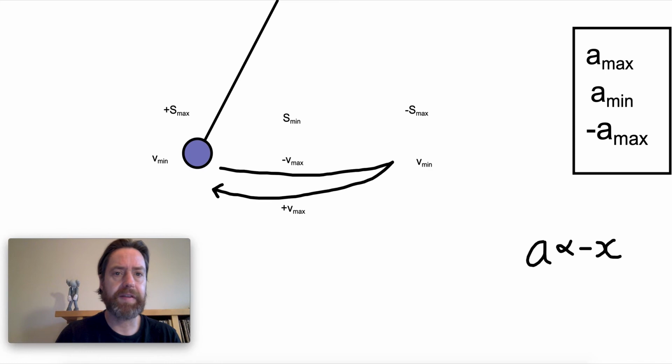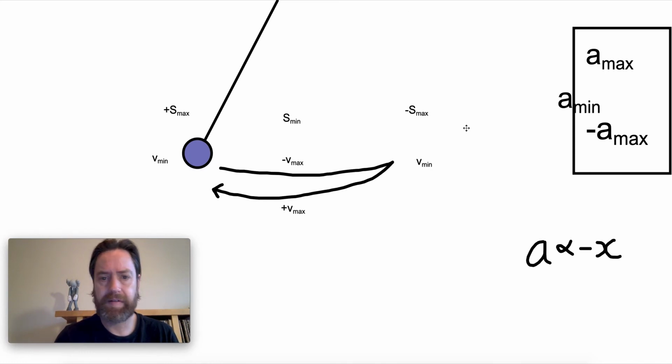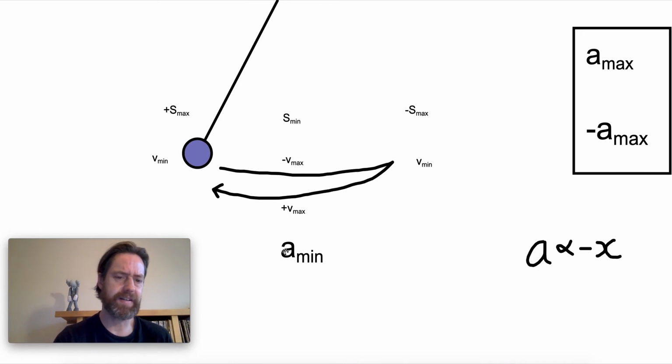So we end up with the minimum acceleration at the middle. Now, I think a slightly more intuitive way of thinking about that is that at this point, there is no longer any force trying to return it to the middle because it's at the middle. And if there's no force, it's not accelerating.